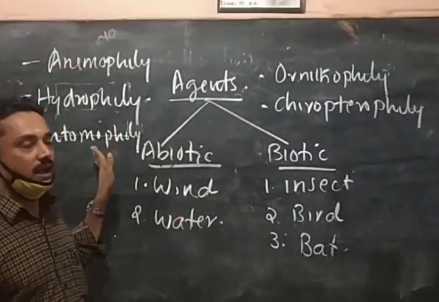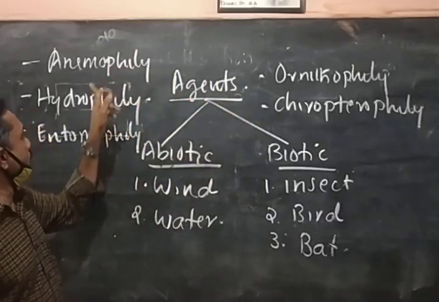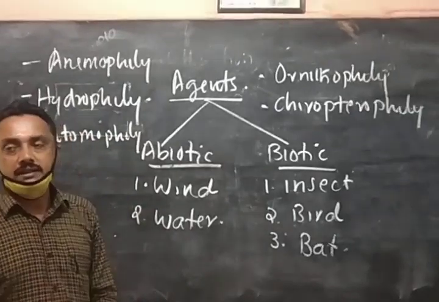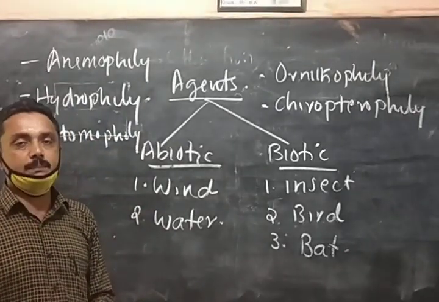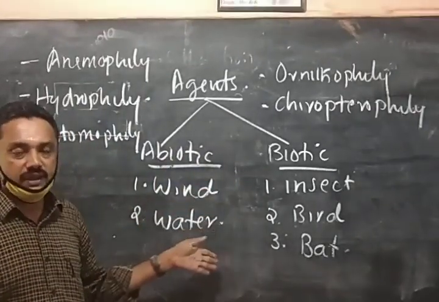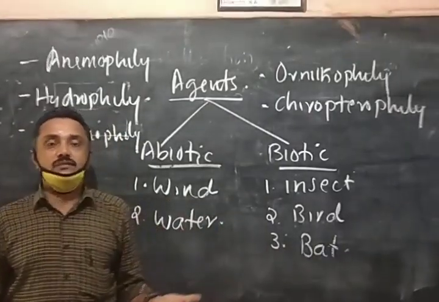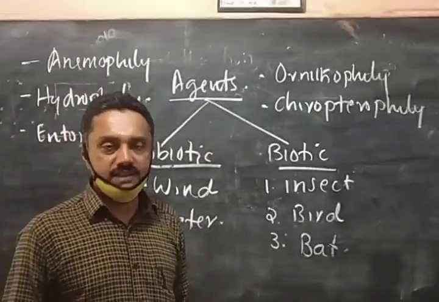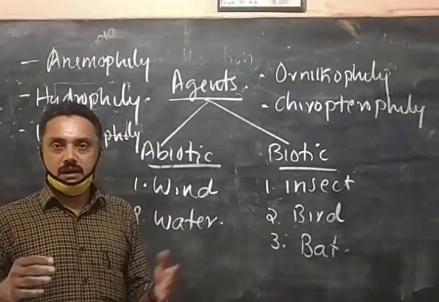The terms for the agents: anemophily, hydrophily, entomophily, ornithophily, and chiropterophily. Then the adaptations are important. Adaptations of some of the flowers we can discuss in the next class. After that we can see the second part of reproduction, called fertilization. So I can continue in the next class.